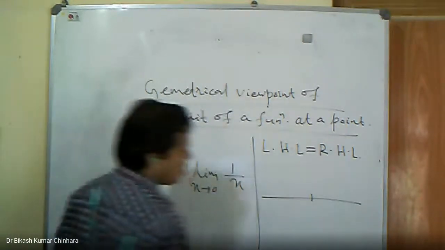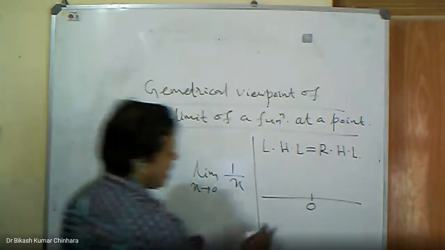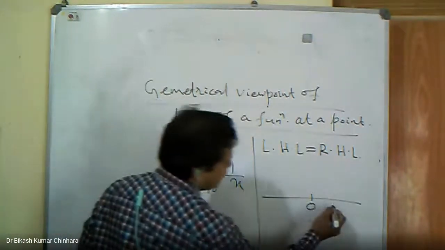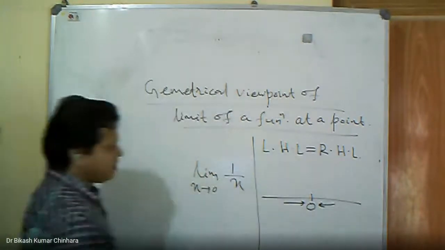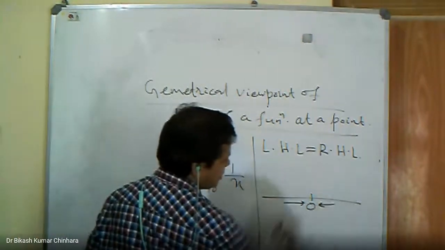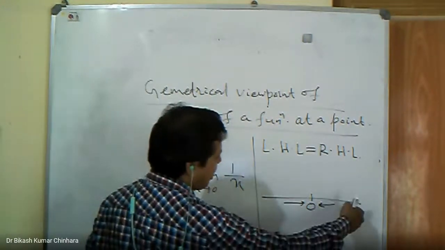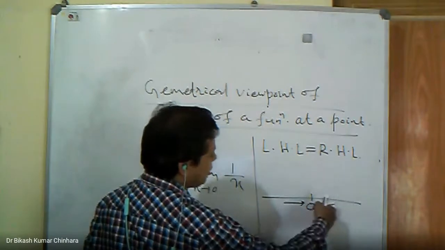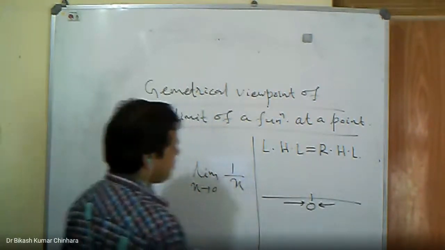In the real line, this is your 0, and I may approach 0 from this side, or I may approach 0 from this side. Whenever I approach 0 from this side, we are evaluating the right hand limit, and for this case it is the left hand limit.